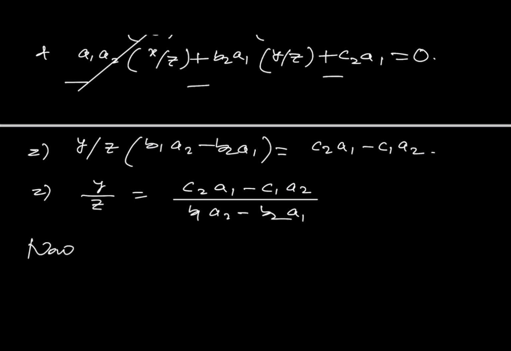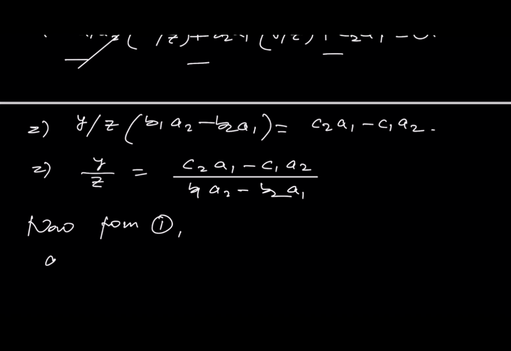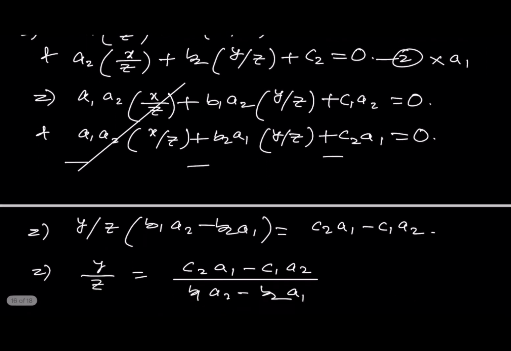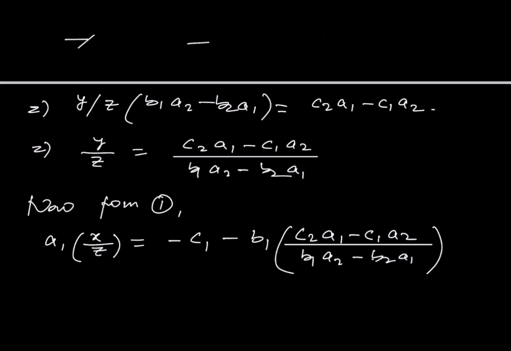Now from 1, that is a1 times x/z is equal to minus c1 minus b1 times y/z, that is (c2 a1 minus c1 a2) upon (b1 a2 minus b2 a1), right?